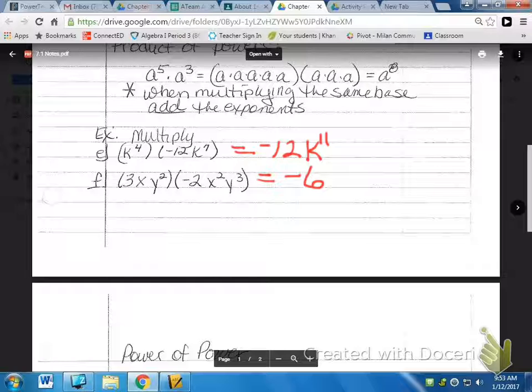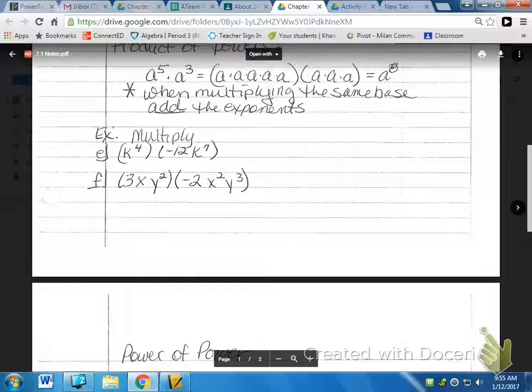Avery? X to the 3rd. Yeah, x to the 3rd, because even though it's not written there, this has a 1. Okay, then you move on to the y's. The y's are the same base. There's y to the 2nd power and y to the 3rd power. So a total of y to the 5th power. So your final answer, negative 6x cubed y to the 5th. Okay, questions about that? Ben? Okay.